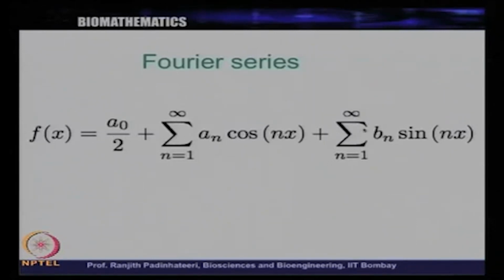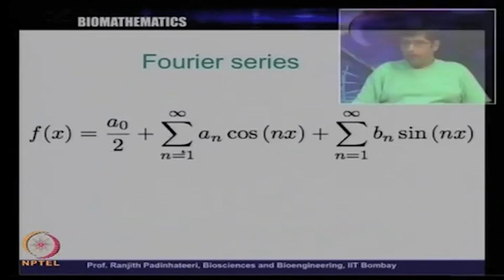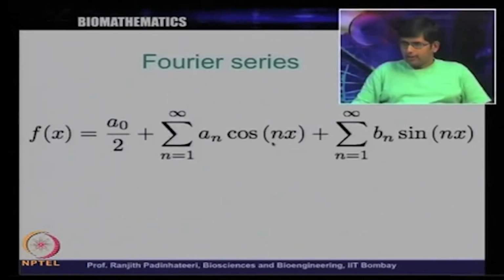That is the claim. Okay. So how do we get a0, an and bn? It turns out that the way to calculate a0, an, bn, etc. is somewhat similar to what we did before.